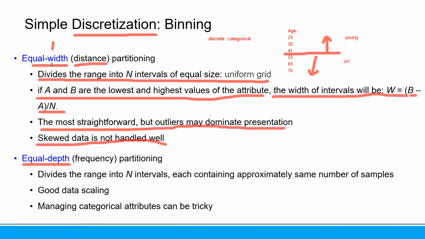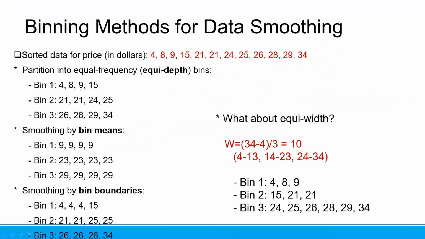So we will check the examples. Or maybe let's go to the example first. I have this data. This is the price in dollars: $4, 8, 9, 15, 21, 21, 24, 25, 26, 28, 29, and 34.